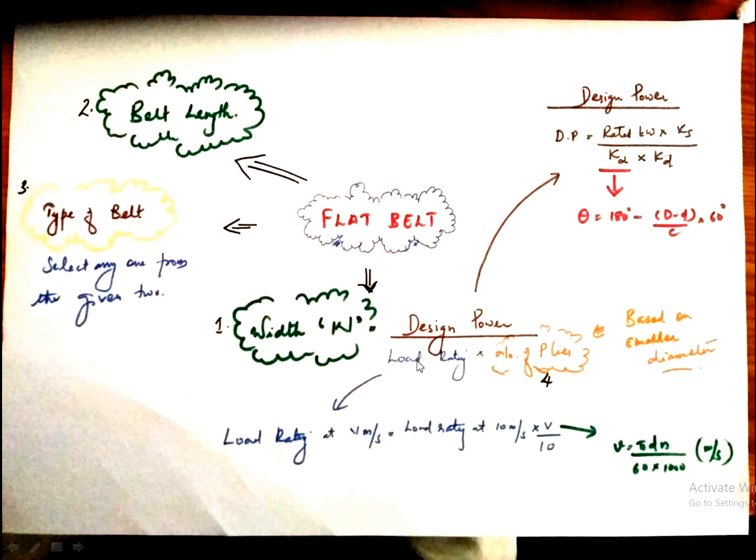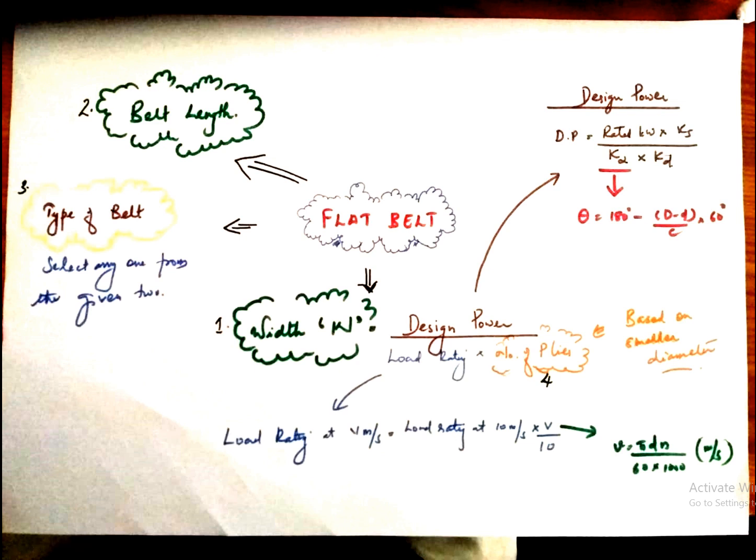Okay, the second important thing is the load rating. Now to find the load rating, actually you need to find the type of belt. You need to select the type of belt, right? You will be selecting a type of belt. Now from that you will be correcting the load rating using this particular equation, which is load rating at that particular velocity is equal to load rating at 10 meter per second into V by 10.